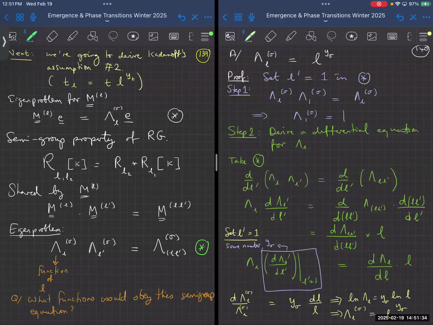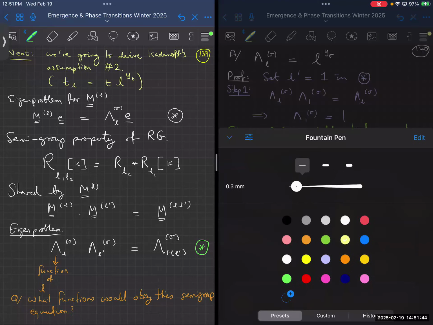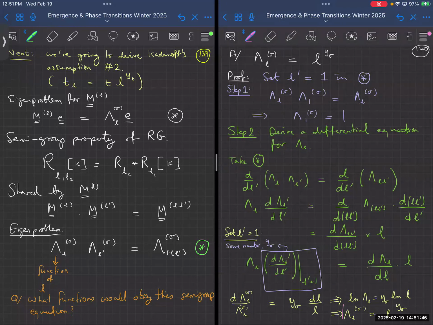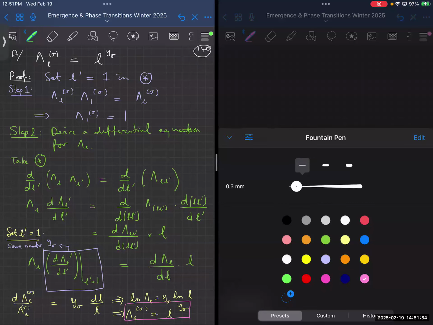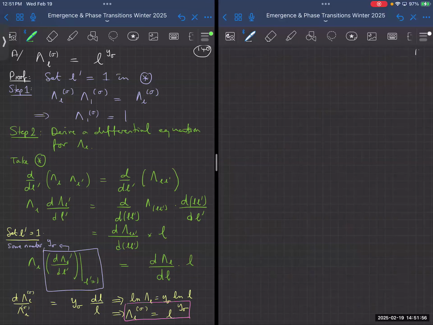And if L is equal to 1, then this thing satisfies our boundary condition that lambda 1 of sigma is equal to 1. So this is the solution of this equation. And so that is, as we'll see, the reason why Kadanoff's assumption was the correct assumption.